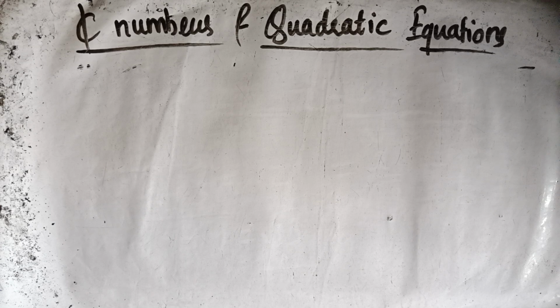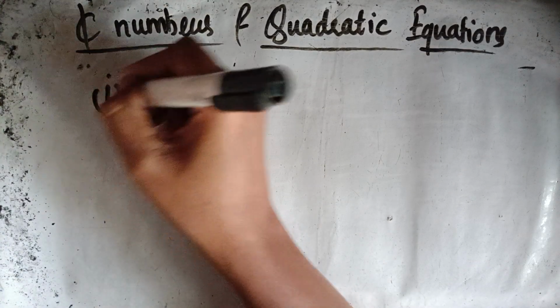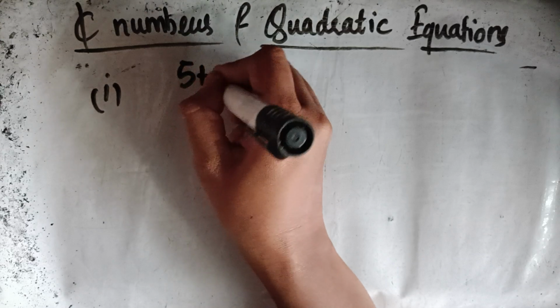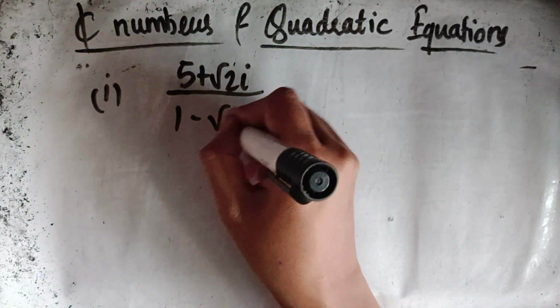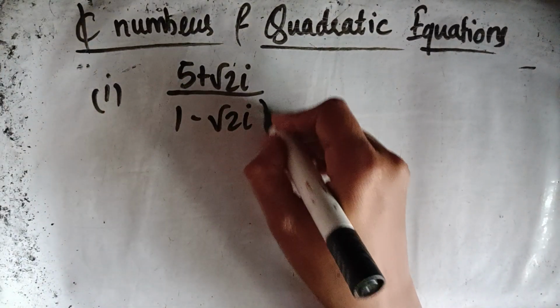Next question which is given is you have to express the following in the form a plus ib. Okay, so first one is given 5 plus root 2i upon 1 minus root 2i. So here you have to rationalize this.